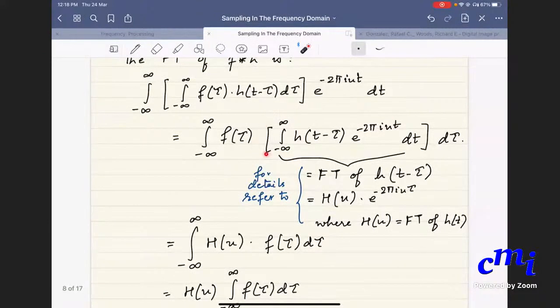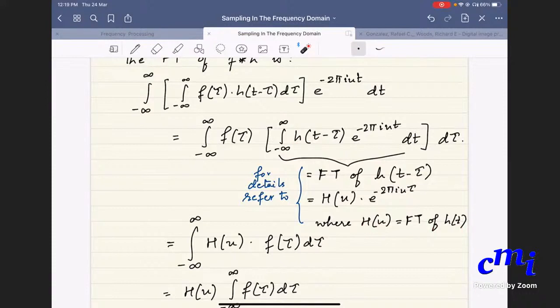Now this term inside here looks like the Fourier transform of something. It is indeed the Fourier transform of h of t minus tau, and it can be shown that it is equal to capital H of u times e raised to minus 2 pi i u tau, where capital H is the Fourier transform of h of t.